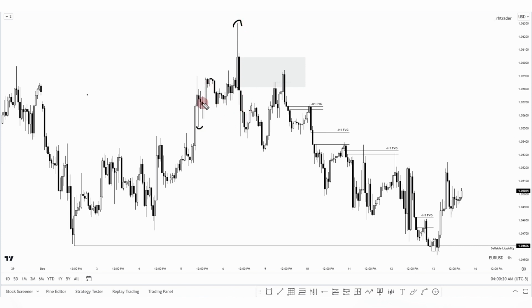This bullish fair value gap will act as an inversion when price is retested. So if I plot in a line right here, this acts as resistance, which previously acted as support.